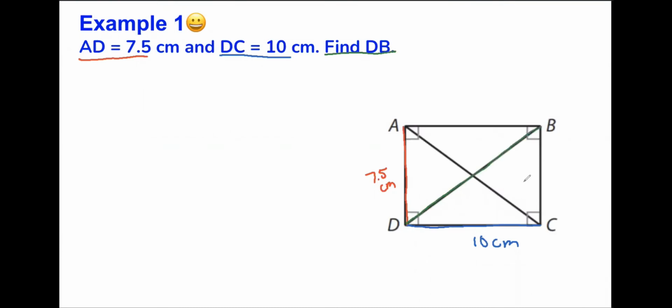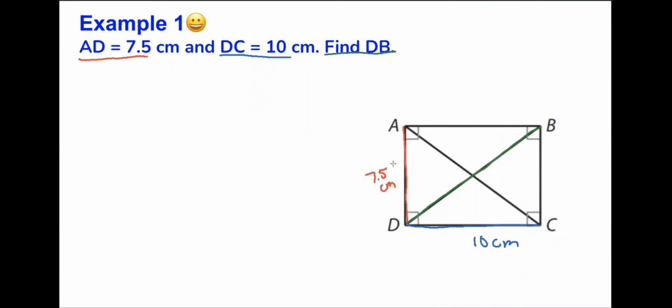Now, something that I'm going to point out is that we're going to apply some of the properties of the parallelogram to this rectangle so that we can move forward and solve. So what can we say about my segment? Here I know that AD measures 7.5 centimeters.